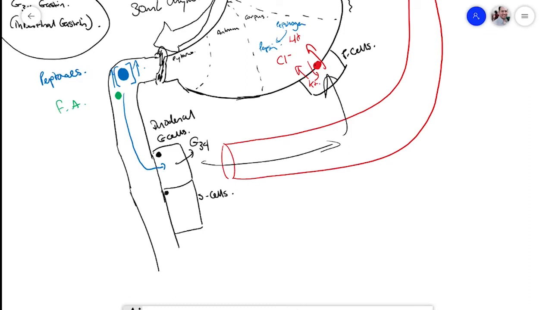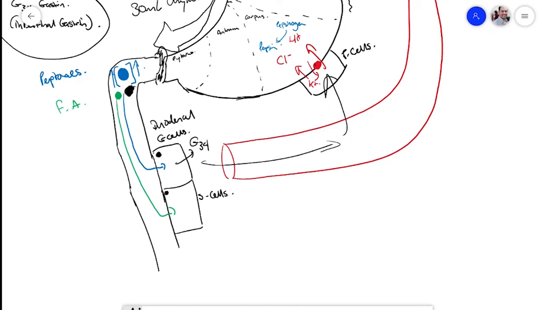So, the fatty acids are something that S cells are, what's the word I'm looking for, exquisitely susceptible to. They are also, for completion purposes, susceptible to increases in proton concentration as well. So as that acidic chyme comes into the duodenum, let's change that proton to a black dot.